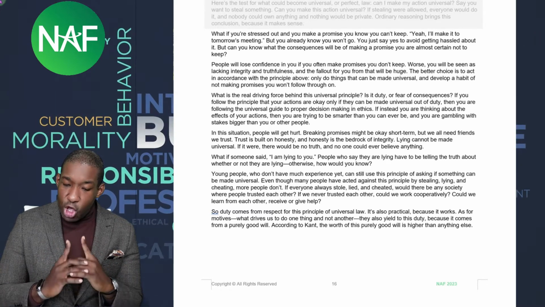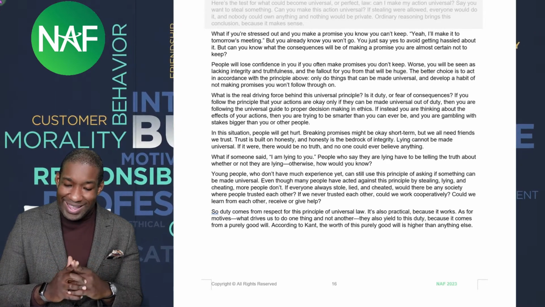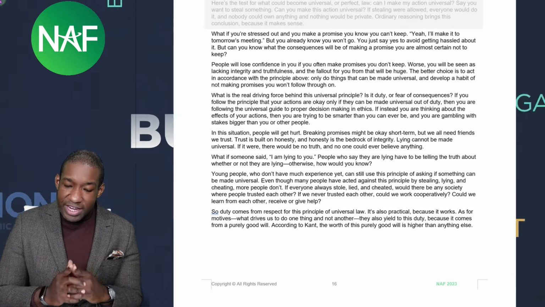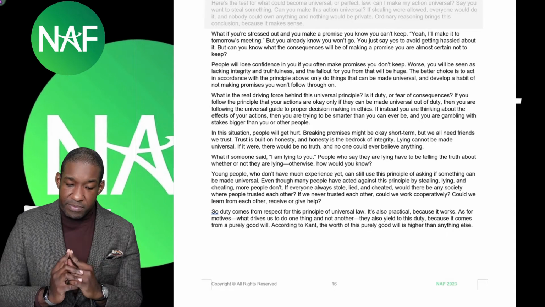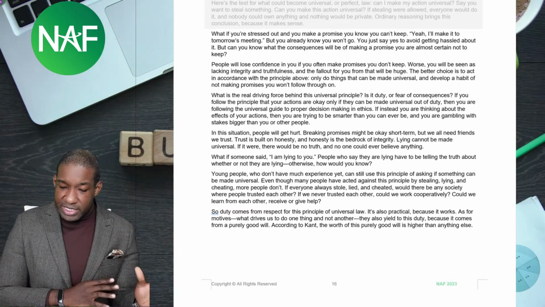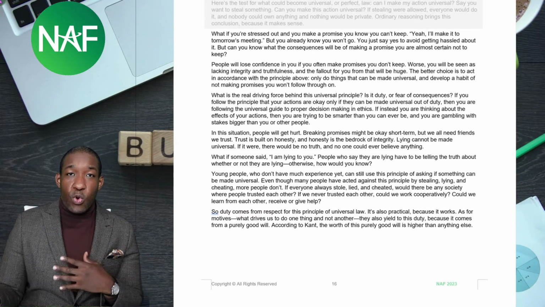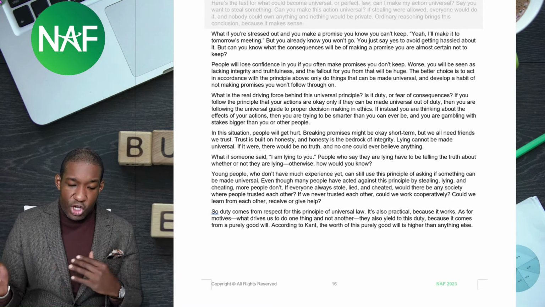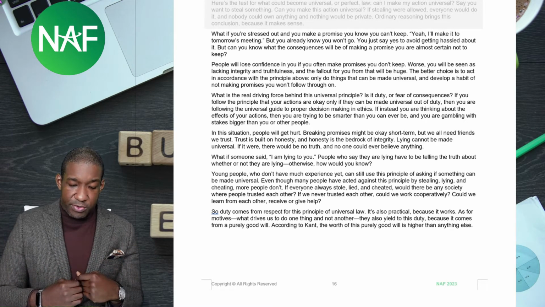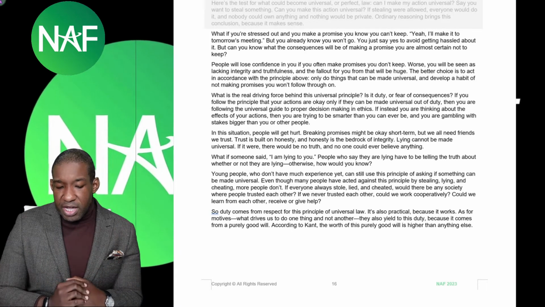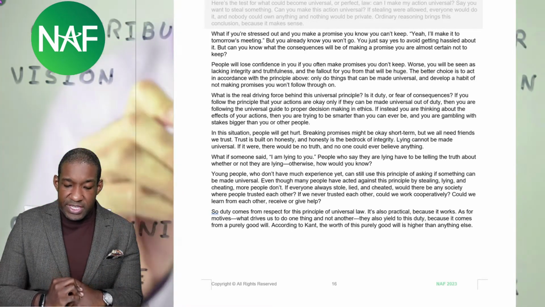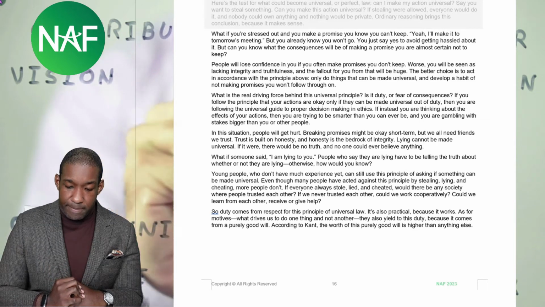If everyone always stole, lied, and cheated, would there be any society where people trusted each other? If we never trusted each other, could we work cooperatively? Could we learn from each other, receive or give help? So duty comes from respect for this principle of universal law.